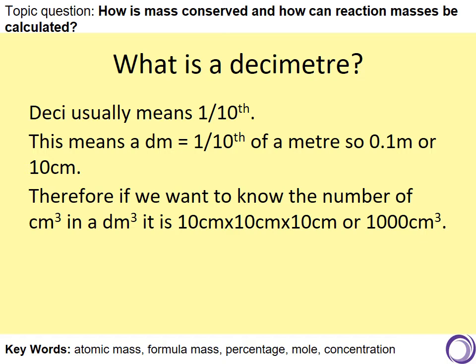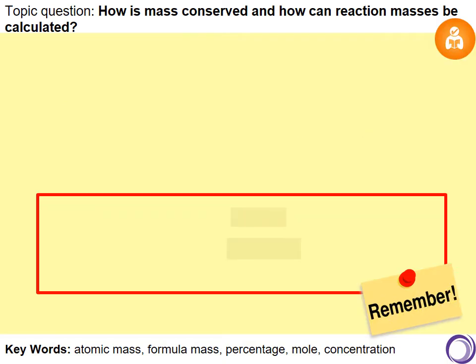Now you may see this written as 1 litre, but litres are not SI units, they're not standard units, and therefore we don't use them. We have to talk about decimetres cubed rather than litres.